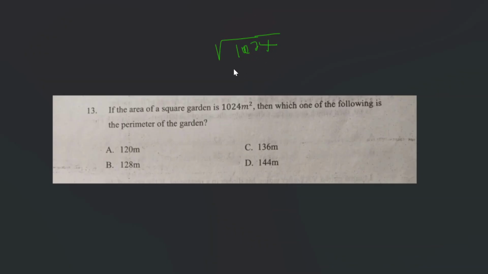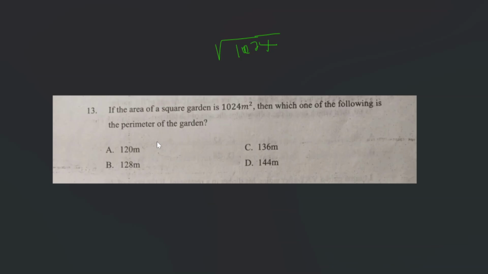Quite tricky, and you need to prime factor and then find an equal number that you could multiply with each other. And it's also going to take more of your time from your exam.